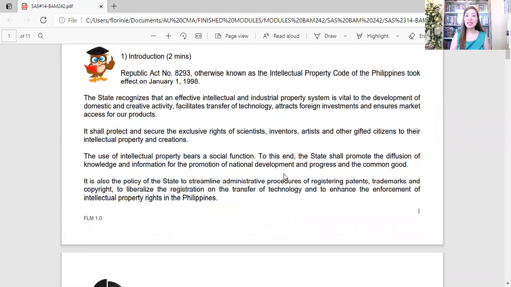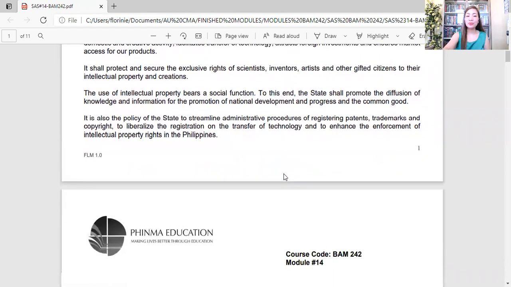That's why this Intellectual Property Code of the Philippines is a very good law because it is not only a law that protects them, but it's also a law that encourages other potential inventors, scientists, and artists and other gifted citizens to come up with something new to make lives better.